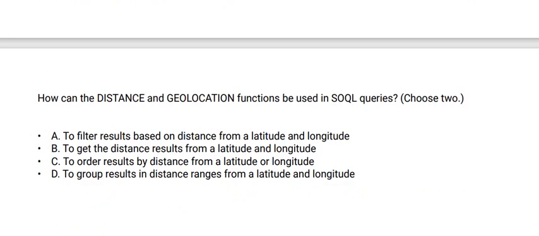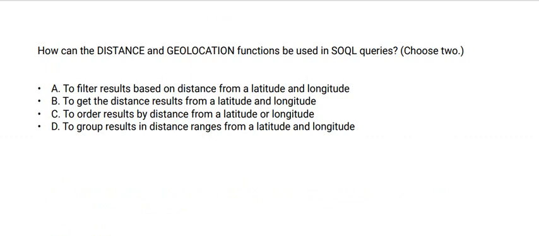Next question is, how can the distance and geolocation functions be used in SOQL queries? Choose two options. Option A, to filter results based on distance from a latitude and longitude. Option B, to get the distance results from a latitude and longitude.